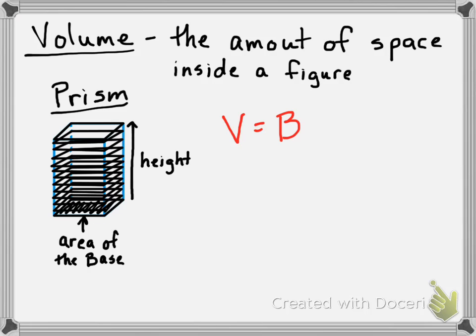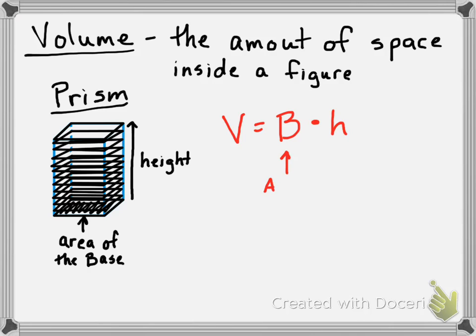So I have the area of the base. And then I multiply it by the height because that's how many of those rectangles, or whatever shape it is, that I would have to stack on top of each other to make that prism. So I'm multiplying by the height.